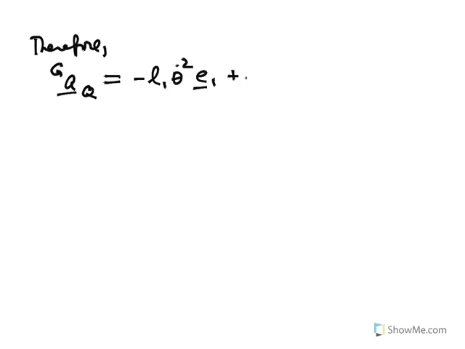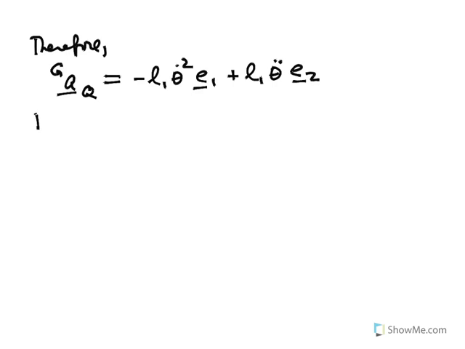So therefore, the acceleration of point Q as viewed by an observer fixed to the ground is equal to the sum of these, which is L1 theta double dot E2 minus L1 theta dot squared E1. And then I just flip the order to put it in the order of the basis vectors.